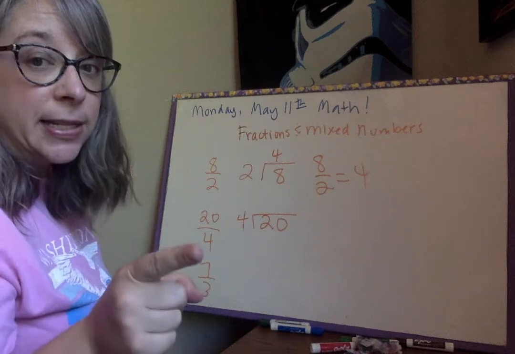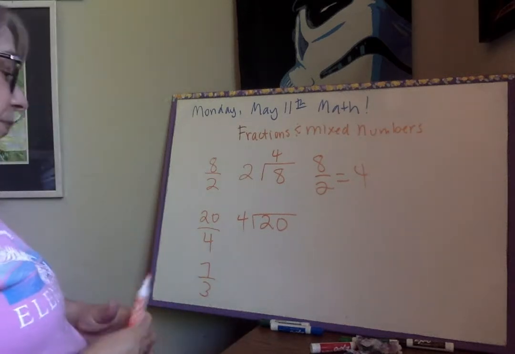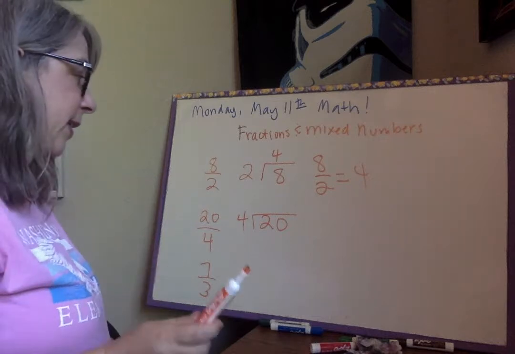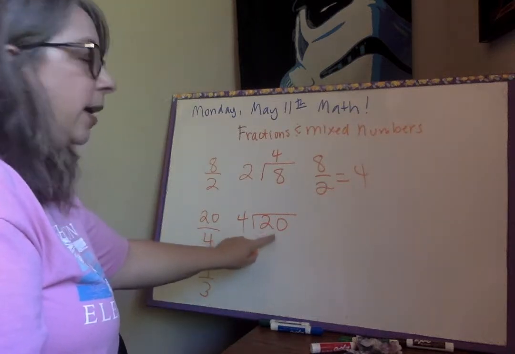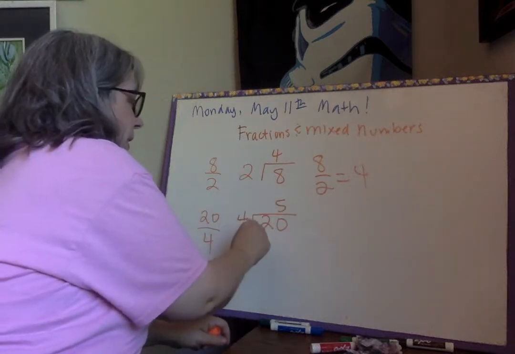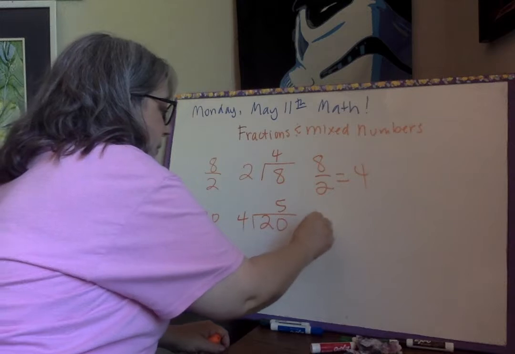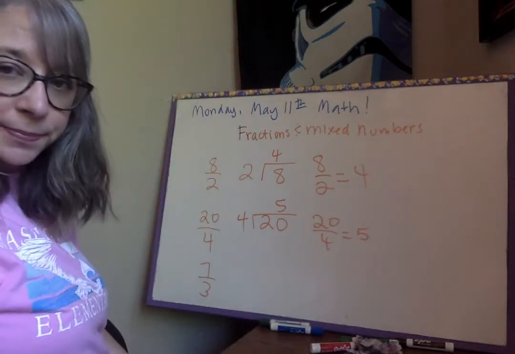Remember, anything that ends in a 0 or 5 is going to be a multiple of 5, and if it ends in a 0, it's got to be a multiple of 10. So we're going to think, oh, that's 5, because 5 times 4 is 20. So 20 over 4 is equal to 5.